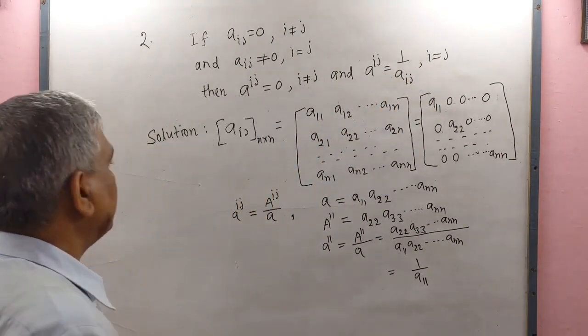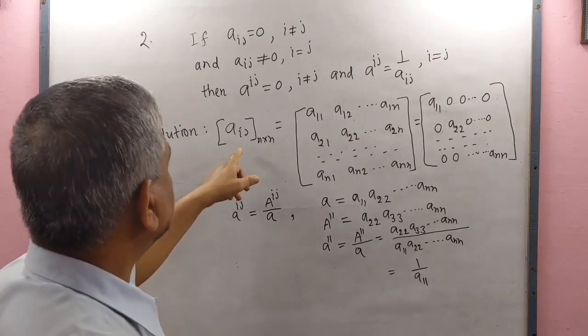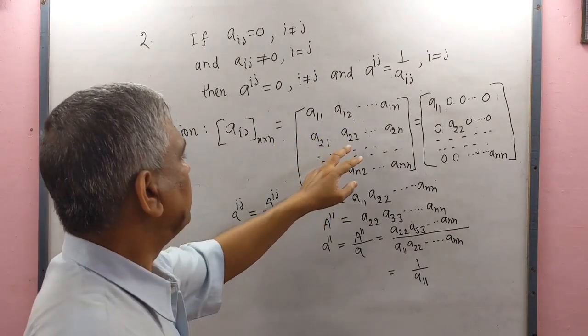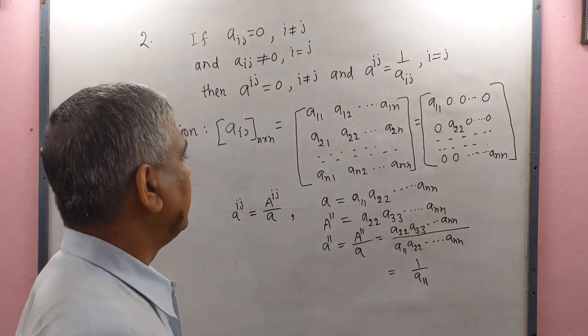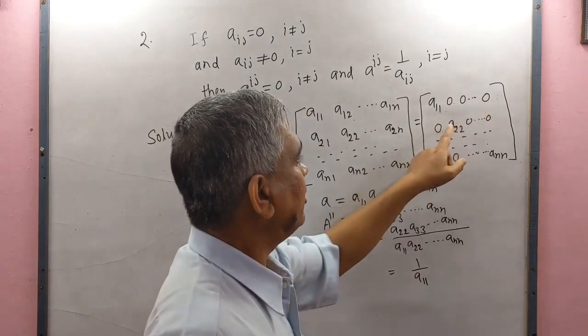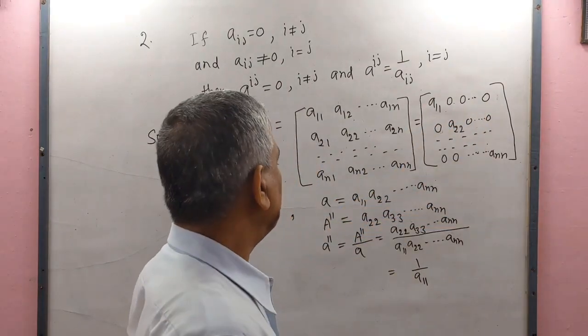Let us write all elements in matrix form: A11, A12, A1n, A21, A22, A2n, An1, An2, Ann. As non-diagonal elements are 0, here we write non-diagonal elements are all 0, but diagonal elements are non-zero.